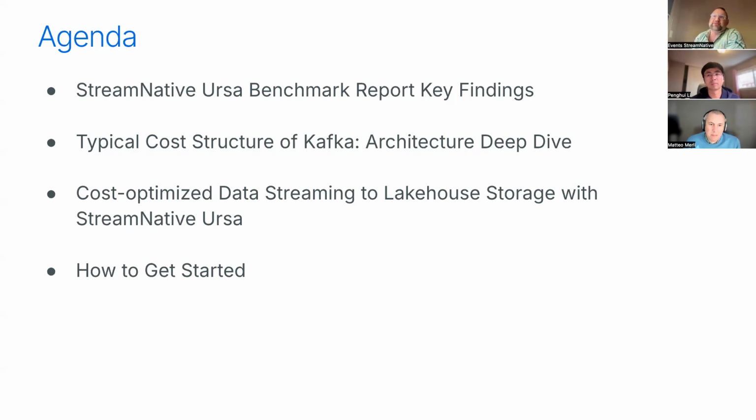Then we're going to go over the typical cost structure of Kafka, going into an architecture deep dive, and then go through details of the cost-optimized data streaming to lakehouse storage with StreamNative Ursa. So what is StreamNative's approach to solving a lot of those cost structure issues in Kafka, which gets us into the great results from the benchmark report. And then we want to make sure that you understand how to get started.